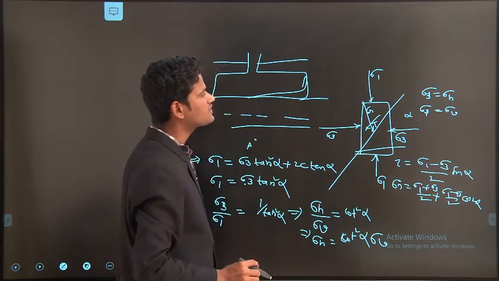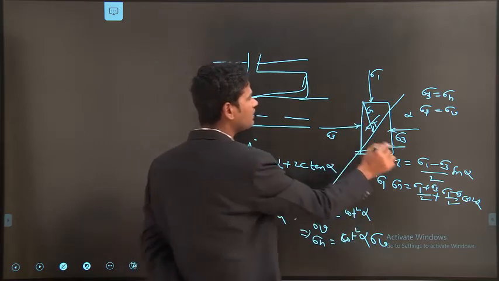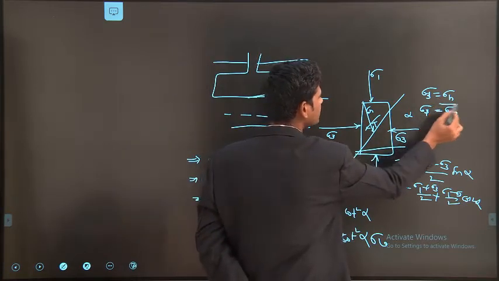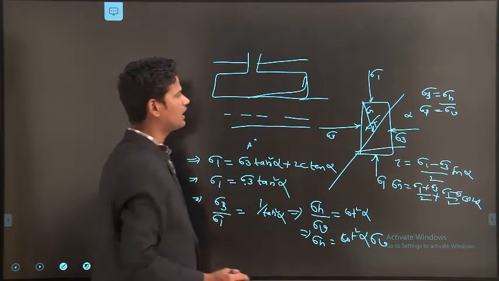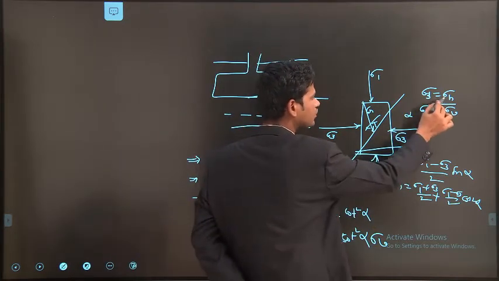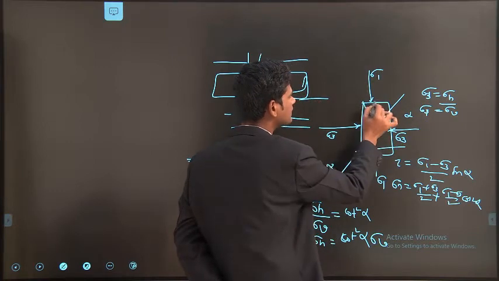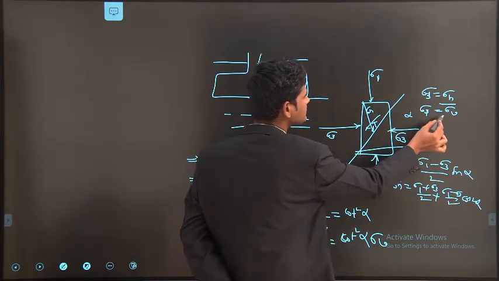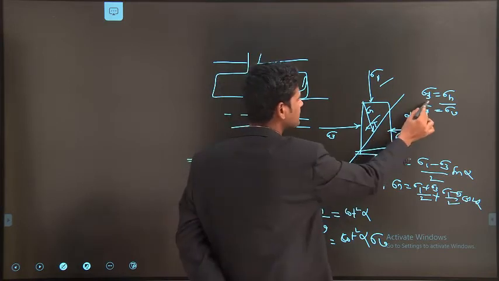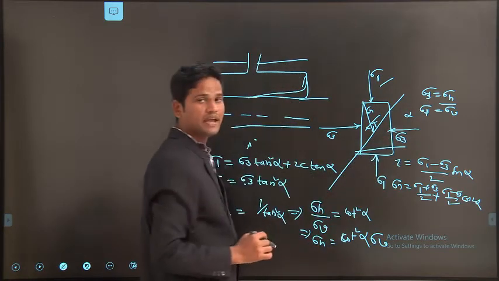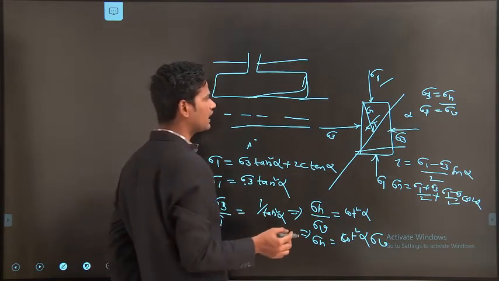For the horizontal pressure to the vertical pressure, we have the formula sigma 3 divided by sigma 1. That means in the active condition we take sigma 1 as the vertical or major principal stress, and sigma 3 as the minor principal stress.